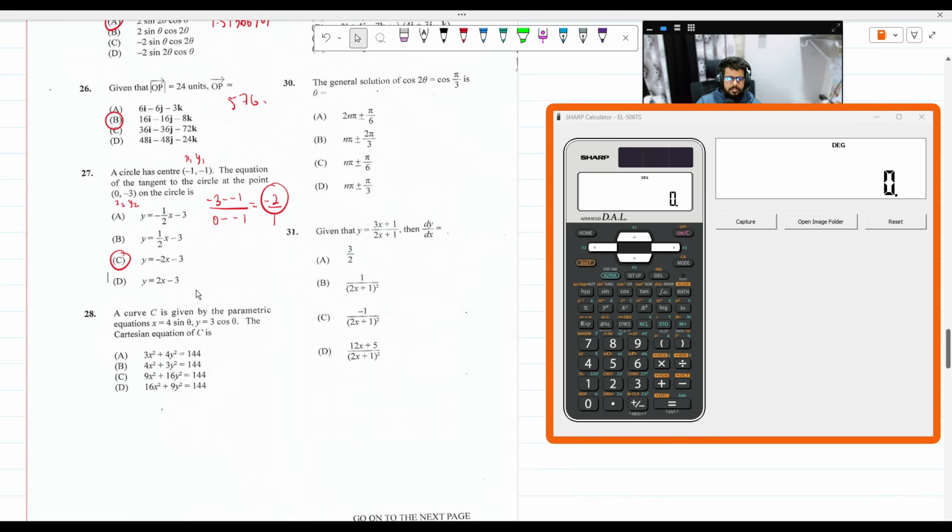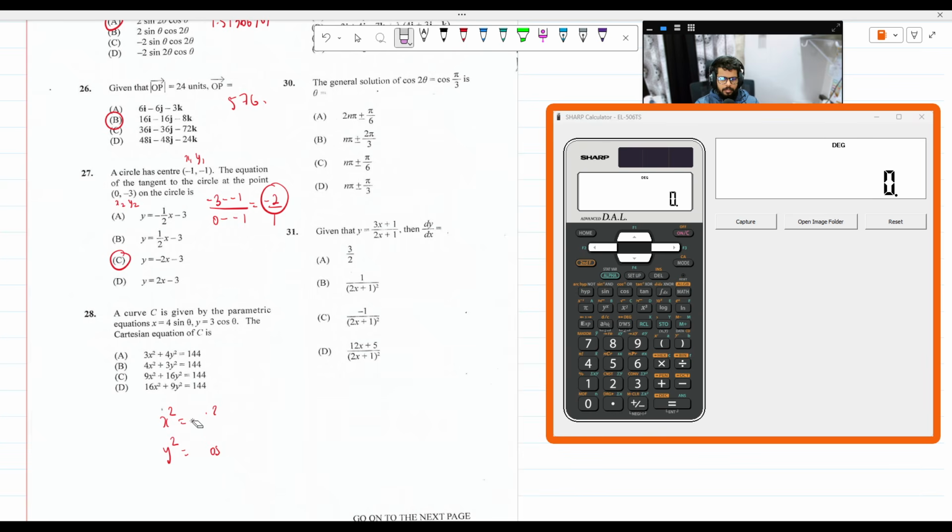A curve is given by the parametric equations x and y. The Cartesian equation of the curve is, so let me square both and add them together, right? So we're going to get x squared is 16 sine squared theta, and y squared is equal to 9 cos squared theta.